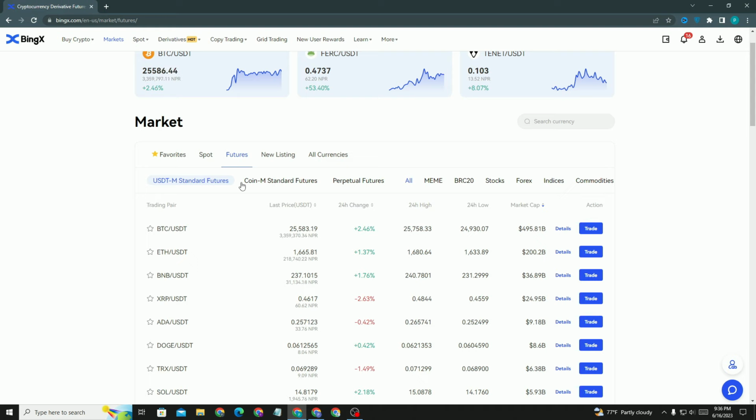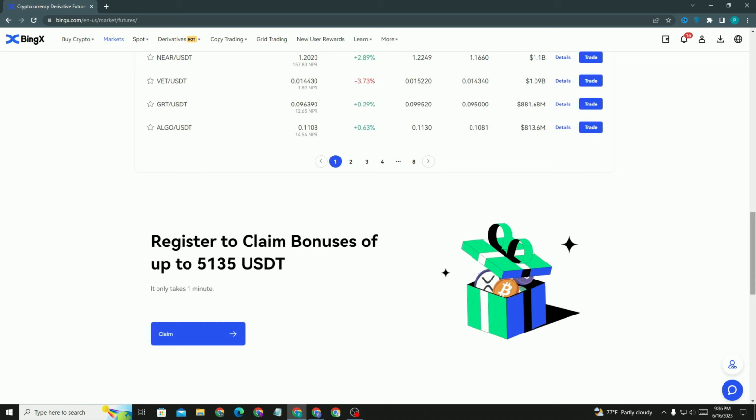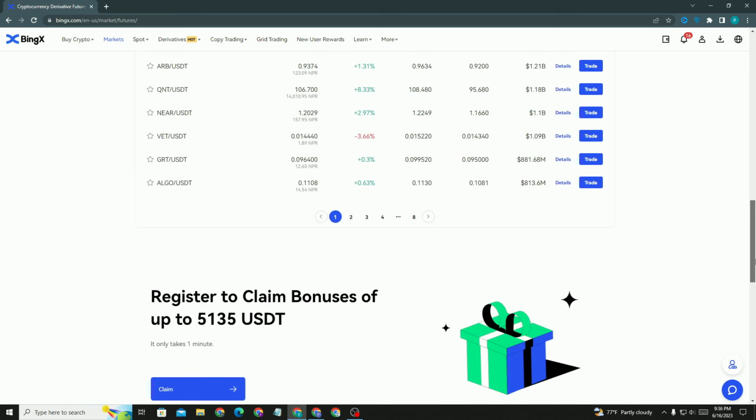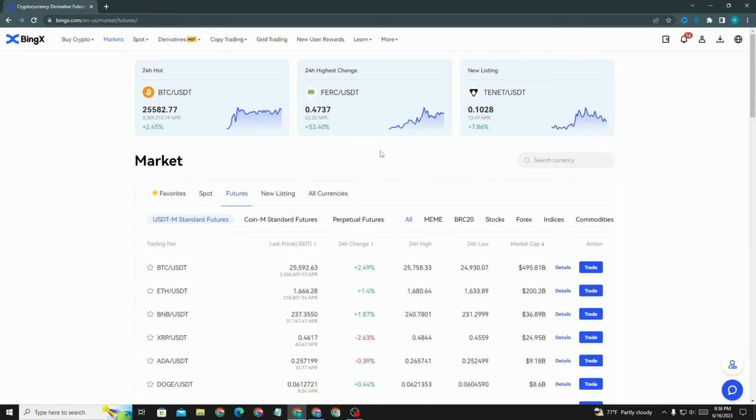And the changes, you can simply see the changes, like the green signal is for profit and the red signal is for loss. Okay, in the next 24 hours. So simply you can see all this data and finalize which currency you want to go for.